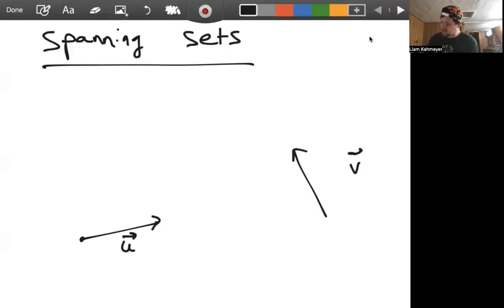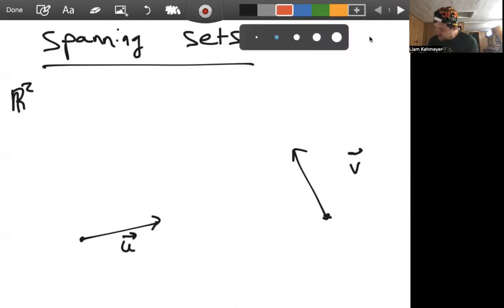We're actually looking in R2 here, so we can imagine that we're just in the plane with these two vectors. And you could take these arbitrary vectors and ask yourself, how much of the plane could I obtain just from linear combinations of these vectors, right?